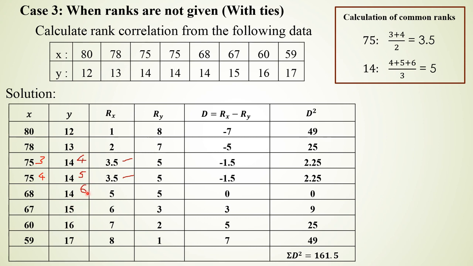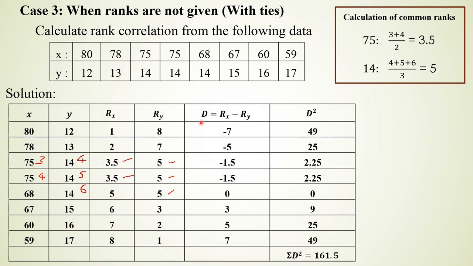So I have to assign the common ranks for this, and the common rank for 14 is given by the average of 4, 5 and 6, which is equal to 5. Therefore, the rank for the value 14 is 5 here. Next value is 13, which corresponds to the 7th rank, and the least value is 12. Therefore, the rank for that variable is 8.